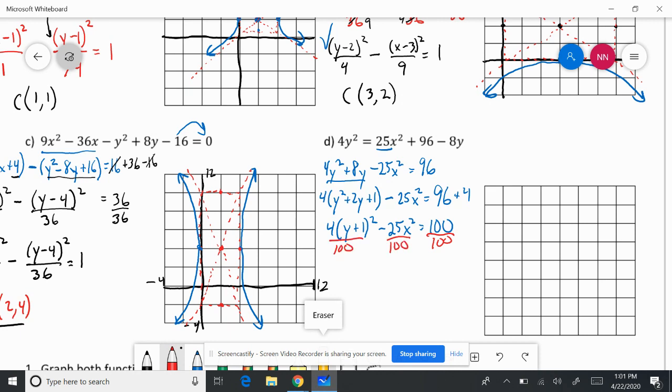When I divide it by 100, I see that the 4 and the 100 reduce. So I have (y plus 1) squared over 25 minus x squared over 4, and that's equal to 1. The center is going to be (0, negative 1).